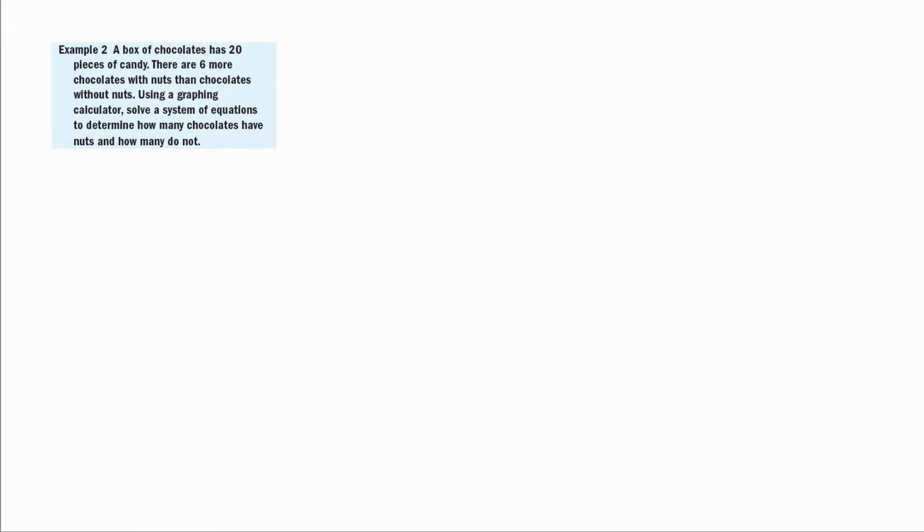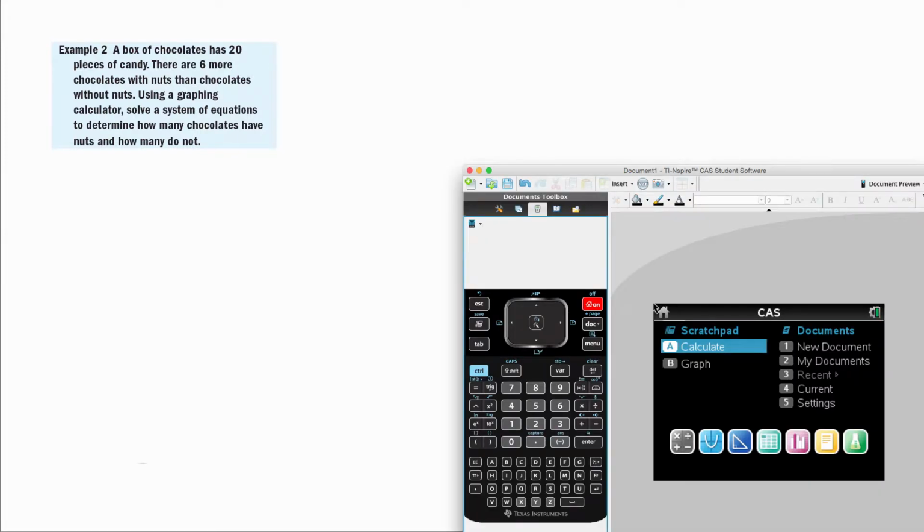Using a graphing calculator, solve a system of equations to determine how many chocolates have nuts and how many do not. Okay, example 2. I like chocolate.